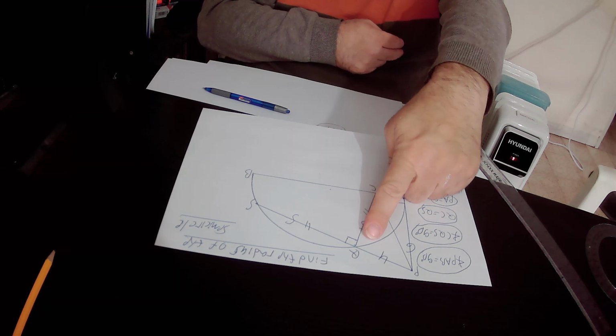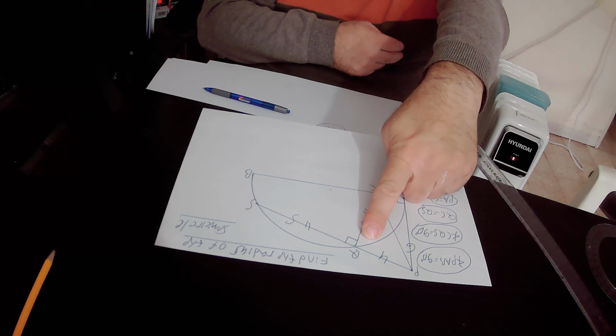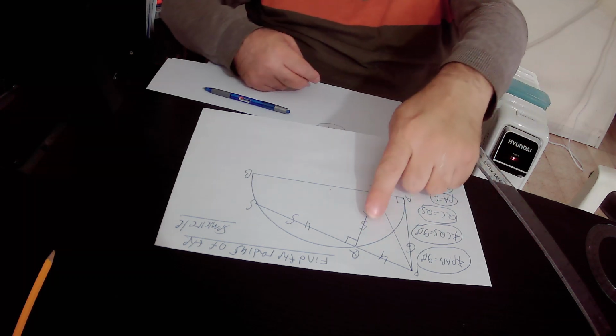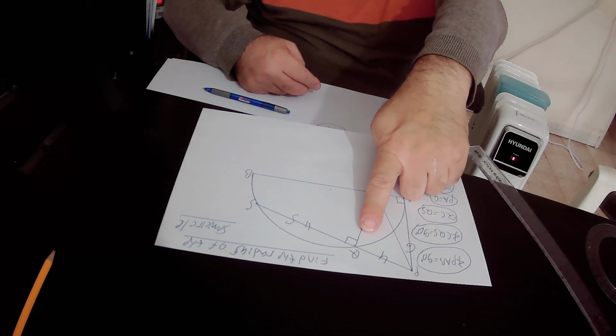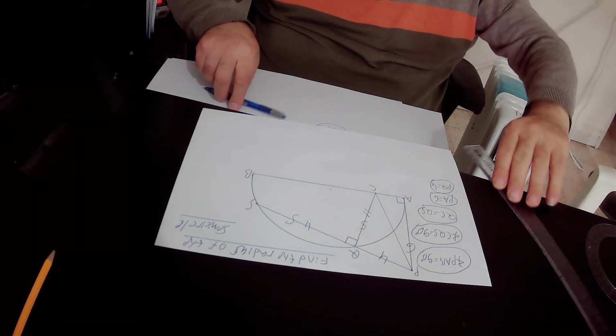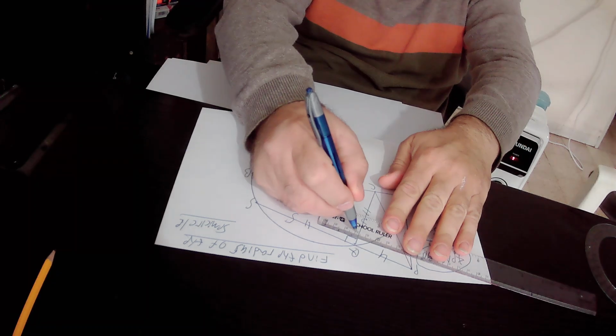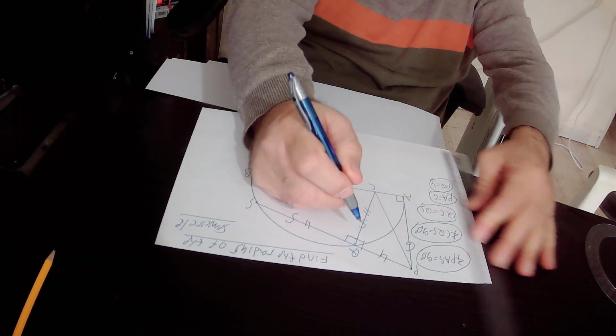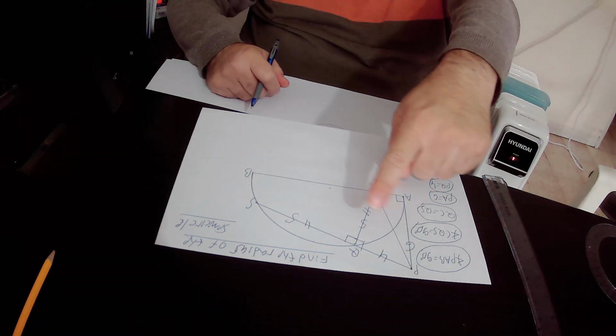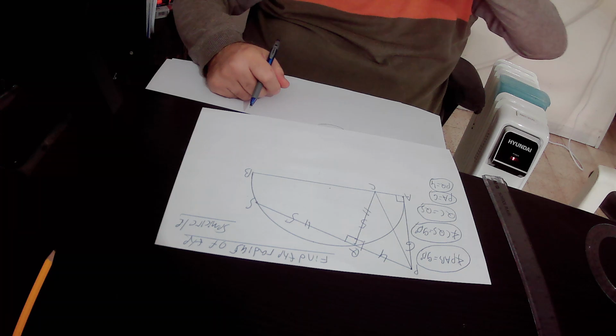Therefore, the missing angle must be equal to 90 degrees. Therefore, triangle PQC is a right triangle.